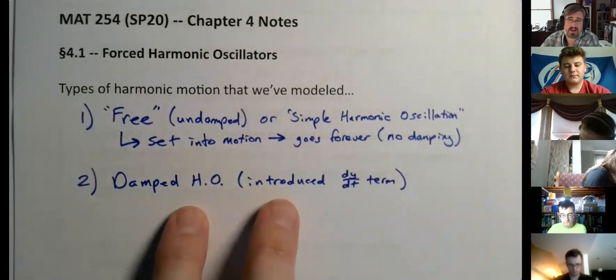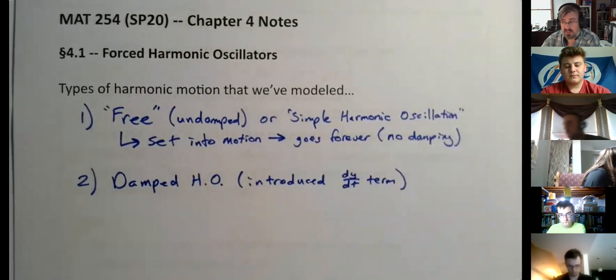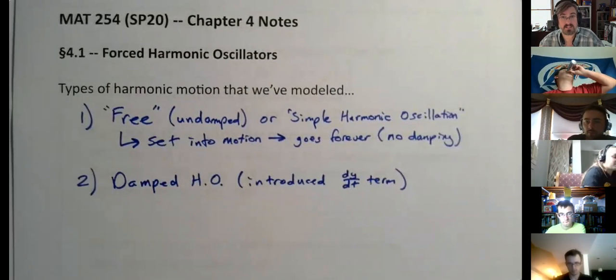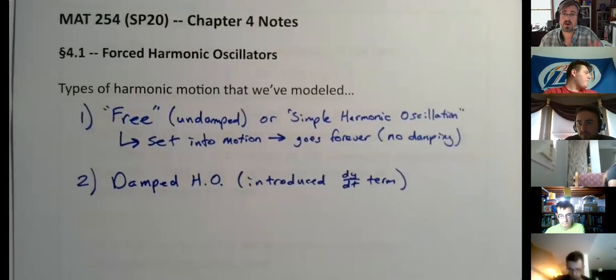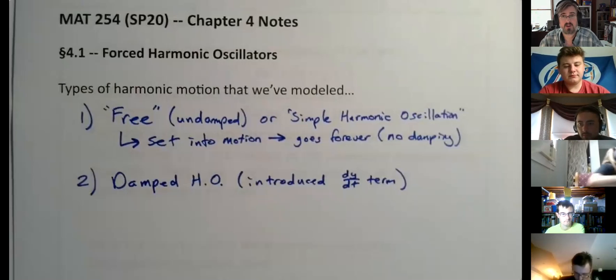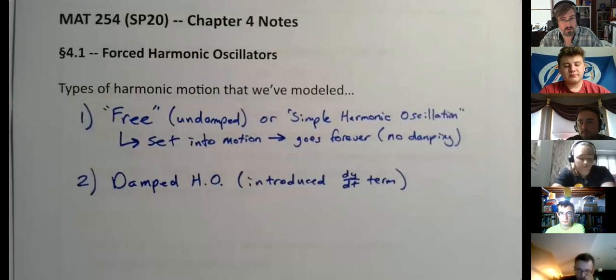But for a damped harmonic oscillator, we're introducing some kind of resistance to velocity, not necessarily to position, but to how quickly that position is changing. So the faster the oscillator is moving, the more damping it's going to experience. The slower it moves, the less damping it experiences, right?